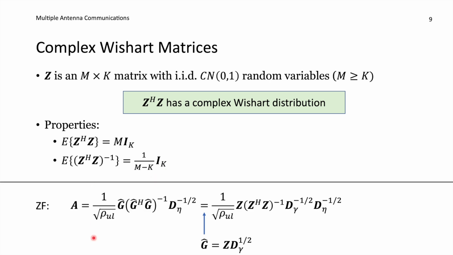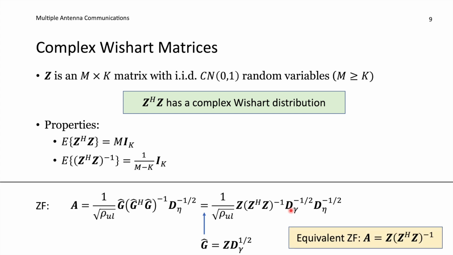And remember, this was the expression I had for zero forcing, but we can also utilize that G hat can be written as a matrix of this kind with i.i.d. elements if we are just multiplying with a diagonal matrix containing the gamma values and then the square root of them, so the variance of the corresponding estimates here. If we rewrite the expression using this, we can write the whole thing as Z times Z Hermitian Z inverse, and then we will get this matrix showing up here.